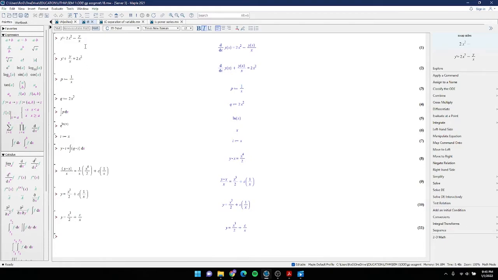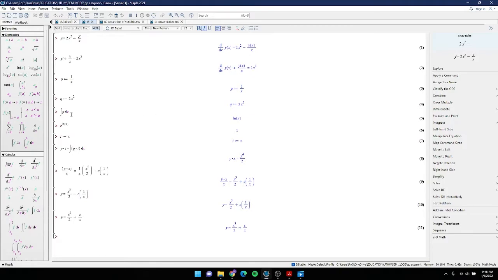So we move negative y over x to the left hand side. So it will be y prime plus y over x equal to 2x squared. So we get the value of p is 1 over x and the value of q is 2x squared.